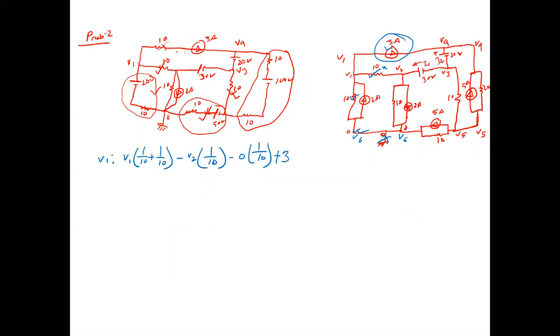Another current is incoming to V1, so minus 2. So V1 is all finished. All V1 connections are finished, and this is equal to 0.